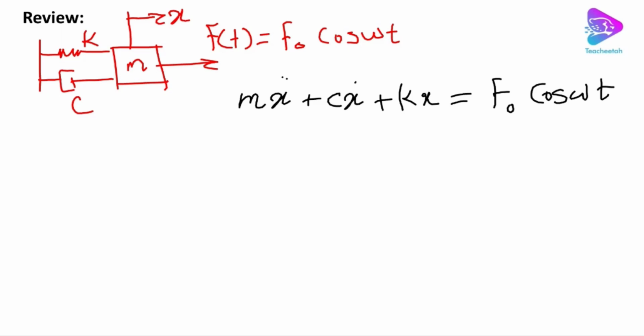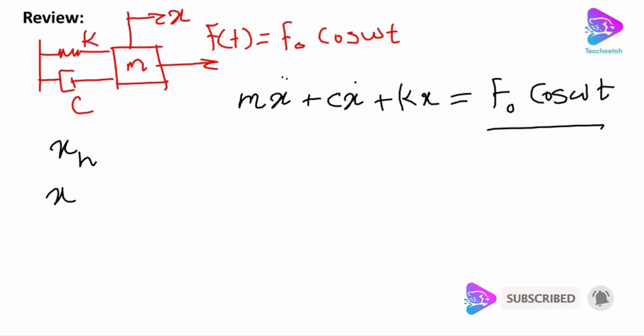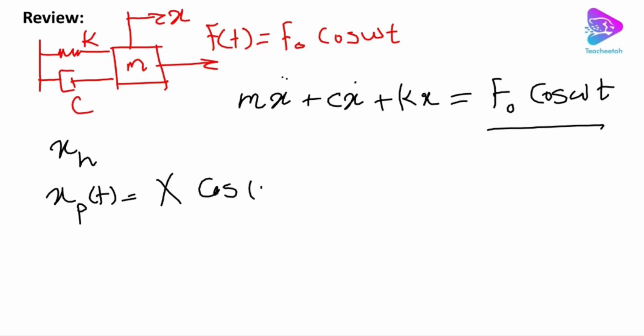Again, this equation is a non-homogeneous differential equation. We have a homogeneous response x h, as we have before when the force is zero, and a particular solution. x p is the particular solution, equal to an amplitude X times cos of omega t minus phi.